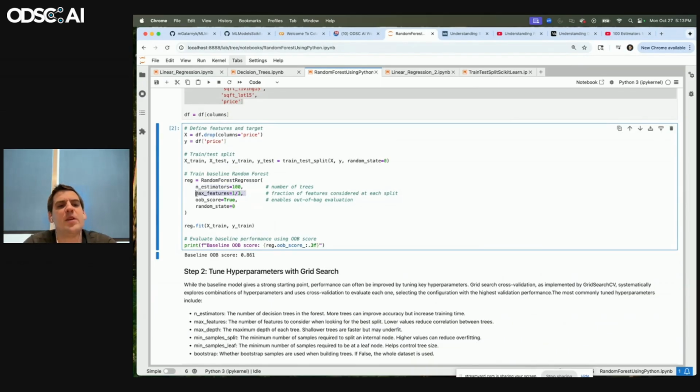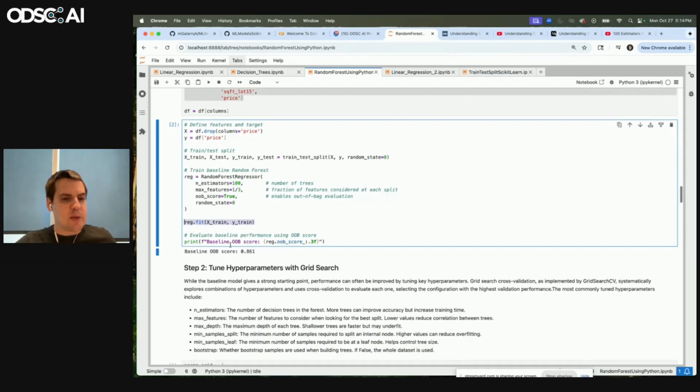We can set how many features are considered each split. So let's say we have 9 features. At each split, I randomly want to select 3. There's no time for the rest of this. And then we fit the model on the data, and we can make a prediction, so to speak.